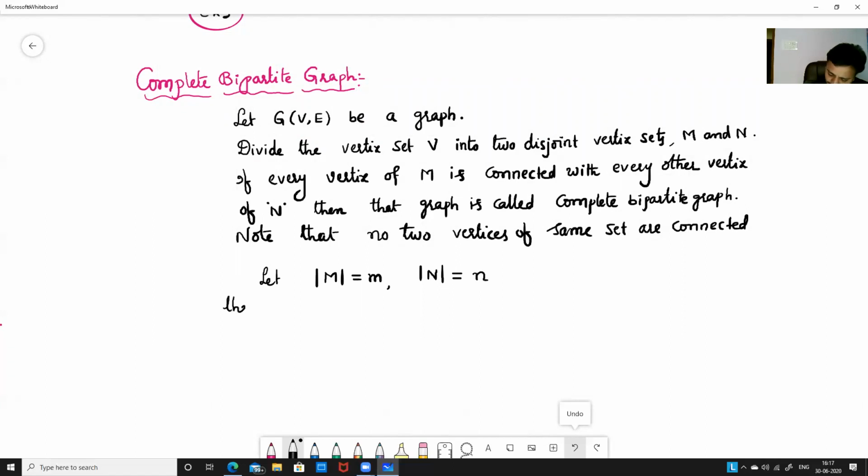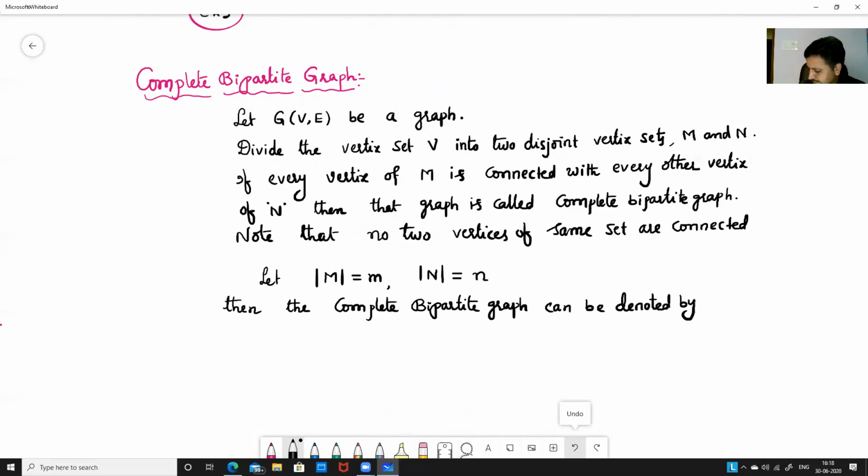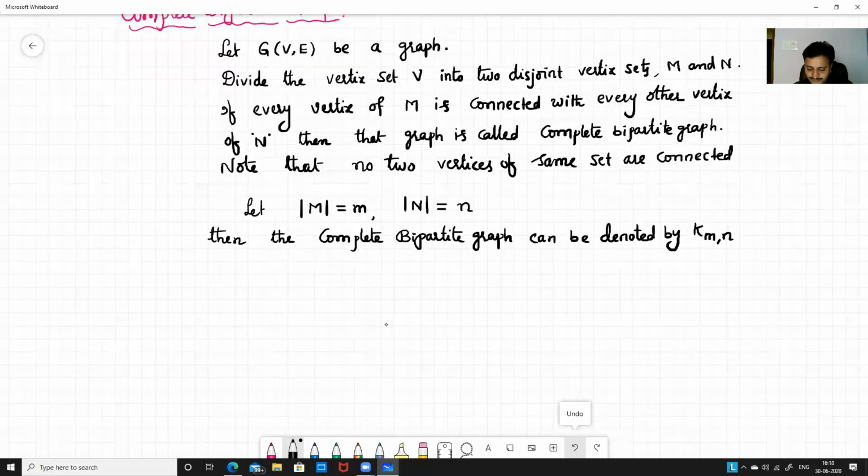Then the complete bipartite graph can be defined, we can say it can be denoted by K(m,n). Clear? So now let me take one example so that you'll get more clarity.